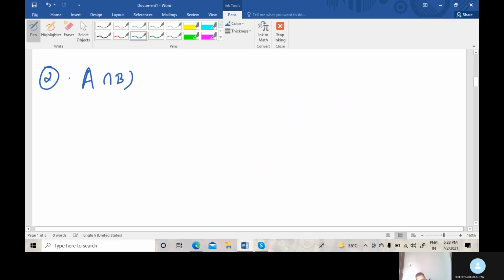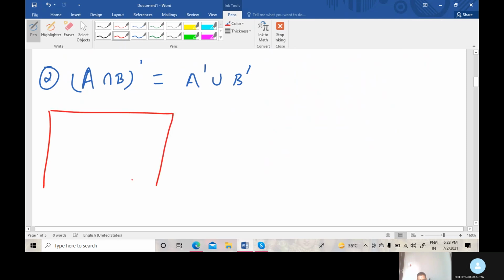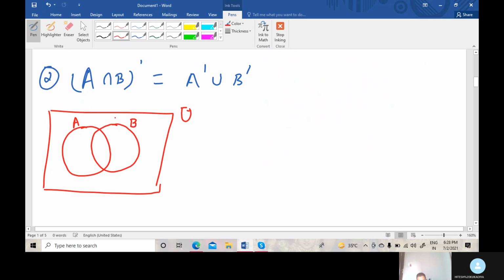(A intersect B) whole dash equals A dash union B dash. Now here we first draw the LHS Venn diagram. Universal set. First we draw the A intersect B portion. A, B. A intersect B is this portion.